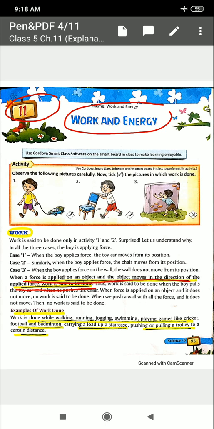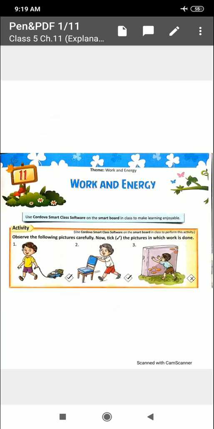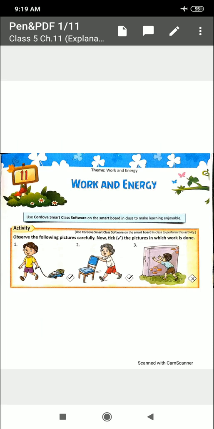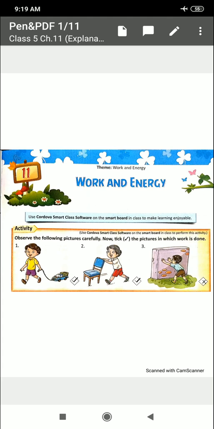Now I'll show you a few more examples of work done. Just look here, children. First of all, this is the activity which is given in the book itself. And we already have discussed this activity when I introduced the chapter. So just look here carefully. In the first picture, you can see that the boy is pushing a toy car.